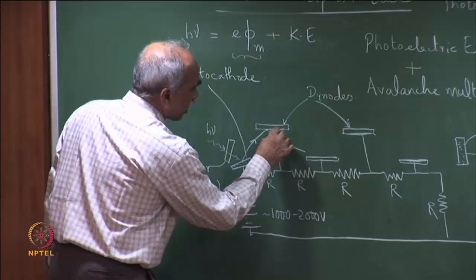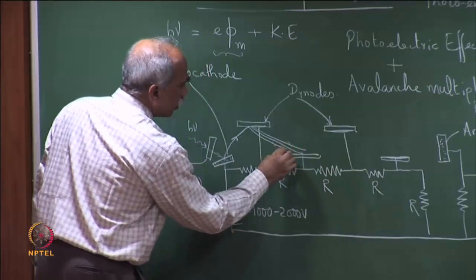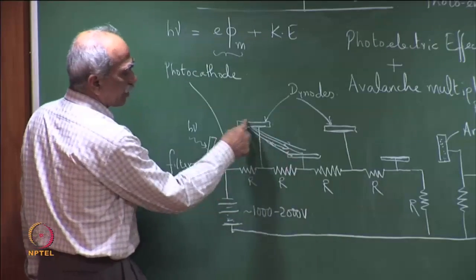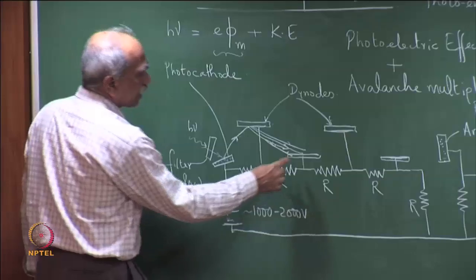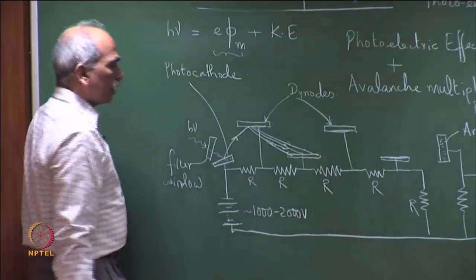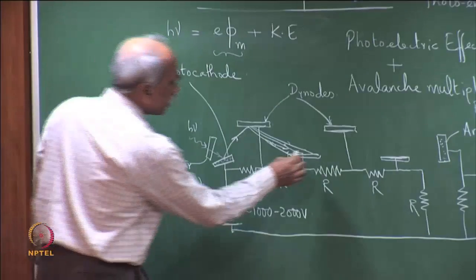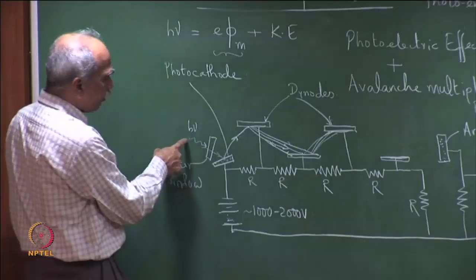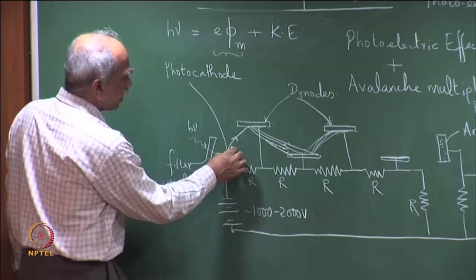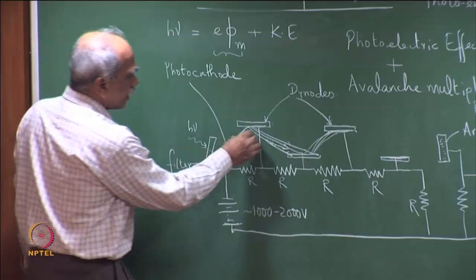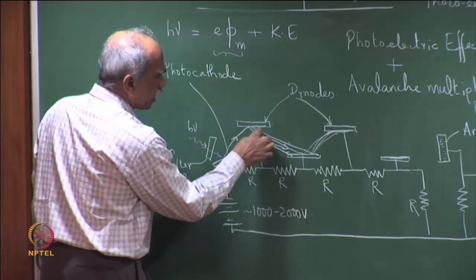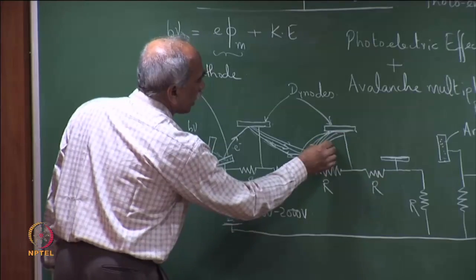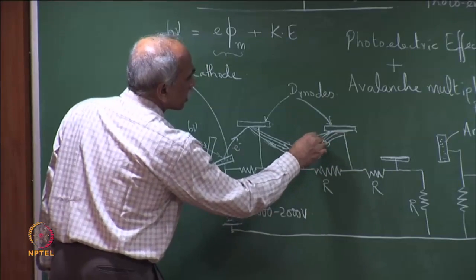The electrons released here move towards the next dynode because there is a potential difference, through the resistance here, and they hit this dynode with certain kinetic energy and lead to further multiplication. So, we started with one photon releasing one electron, which in turn releases further electrons, and this kind of avalanche process takes place.